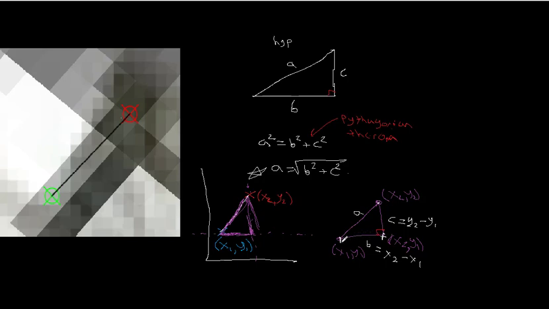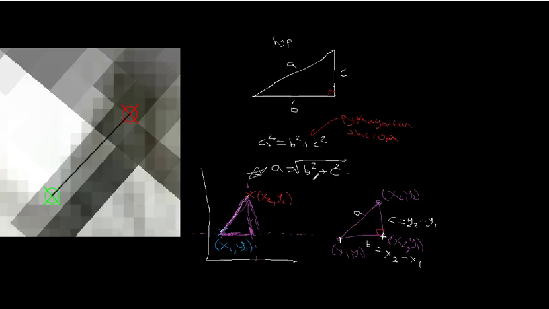Well, we want the length of side A, right? Because the length of the hypotenuse, this side here, is the length between the two points. This A is our error, our distance.